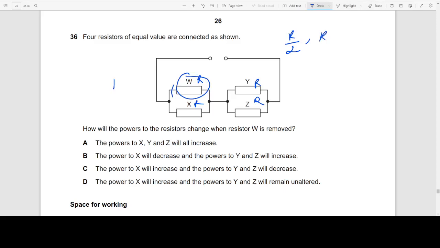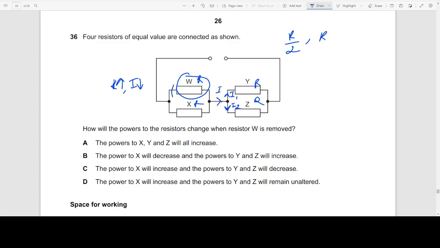So resistance will increase, current will actually decrease in the total circuit, correct? Since current will decrease, and current which gets divided here, so I1 plus I2, even this will decrease, correct? Because the total which they are getting, I, will also decrease.